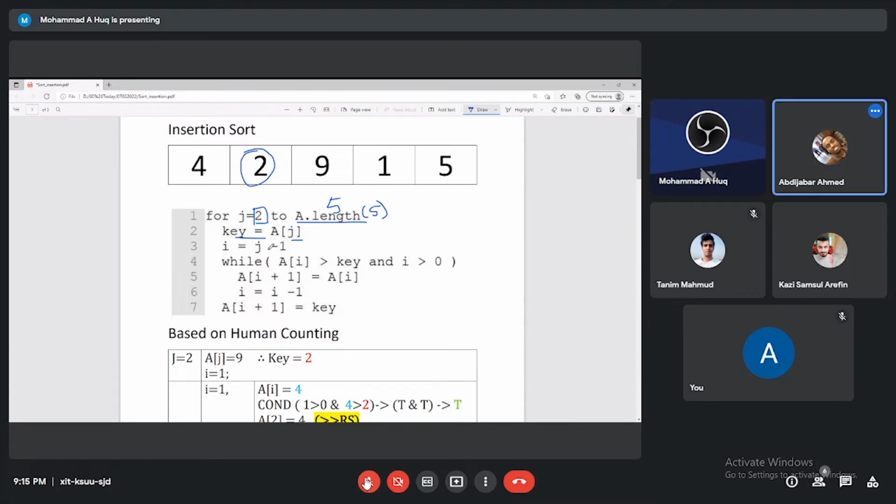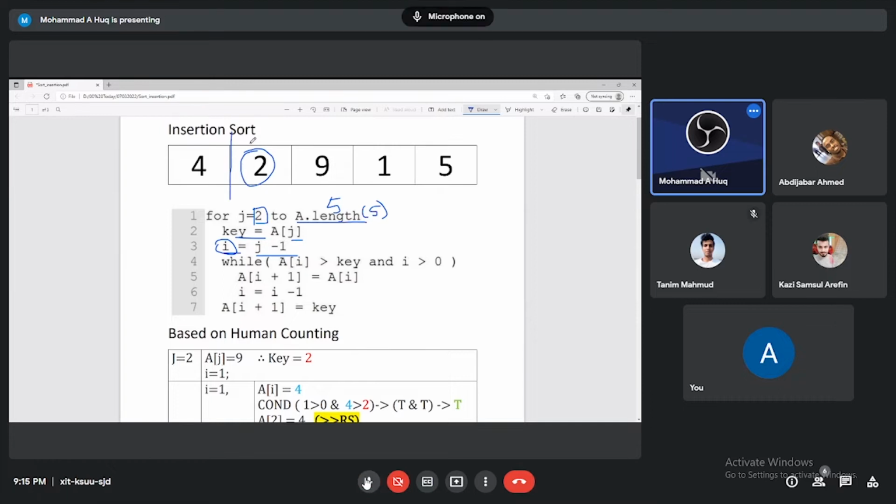And i's value will always be decremented by 1. Why are we decrementing i's value? Because for this part, j will move from left to right, and i will always be the previous number of j, yes, always.